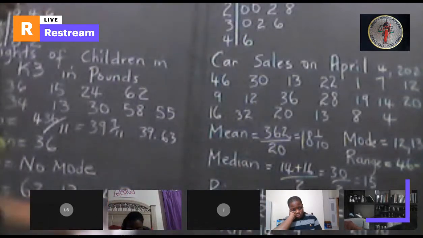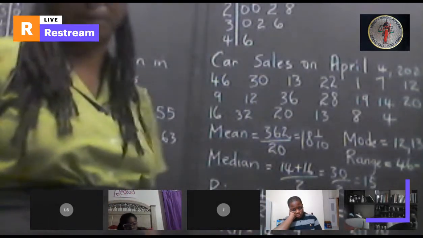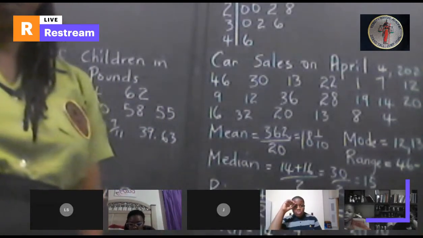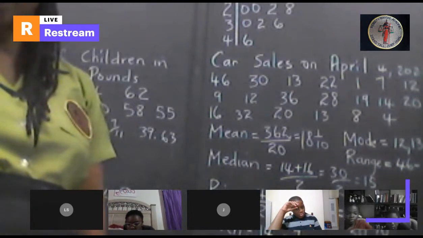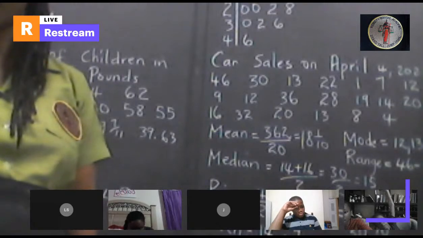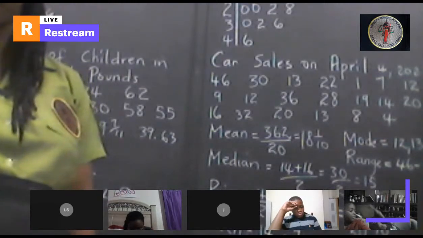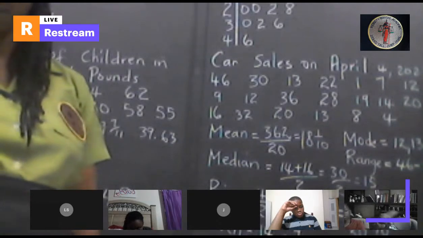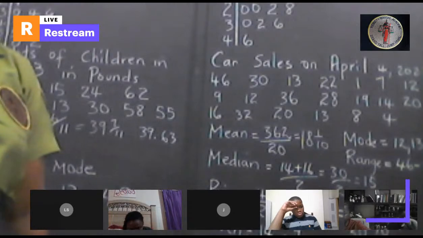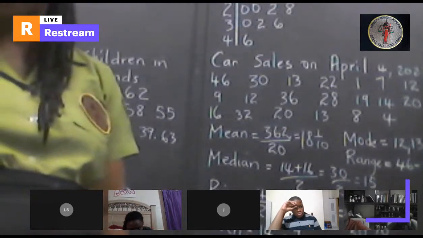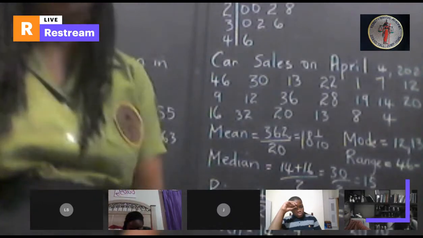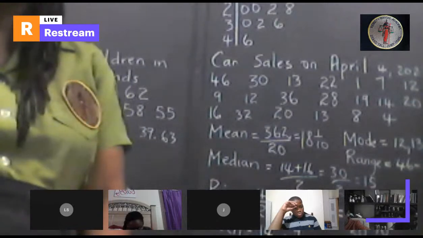How about composite numbers? Who can remind us the definition? Miss, I know. Miss, a composite number is a number with 3 or more factors.